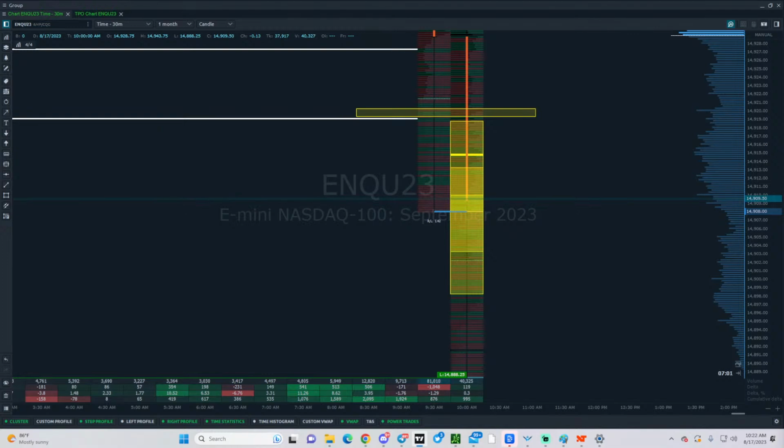Yes, ES is at VWAP right now and trying to break above it. So if the ES breaks above the VWAP, I might get NQ to the key level 20 that I was mentioning.